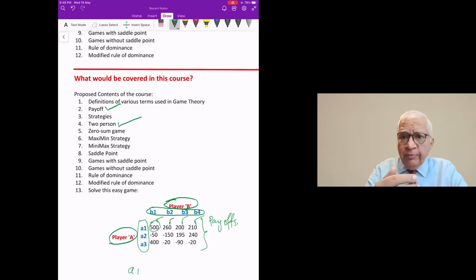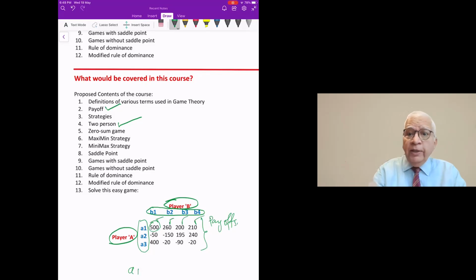It's a zero-sum game, which means whatever A gains, B loses. Another important assumption is that both players know about this payoff matrix. So they are fully aware that if I do this and if player B does this, this is the payoff. So the payoff matrix is known to both players.